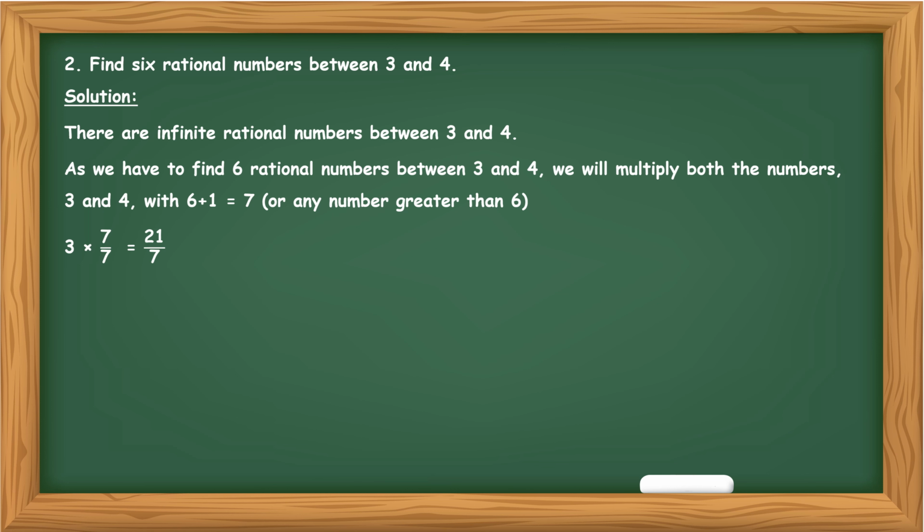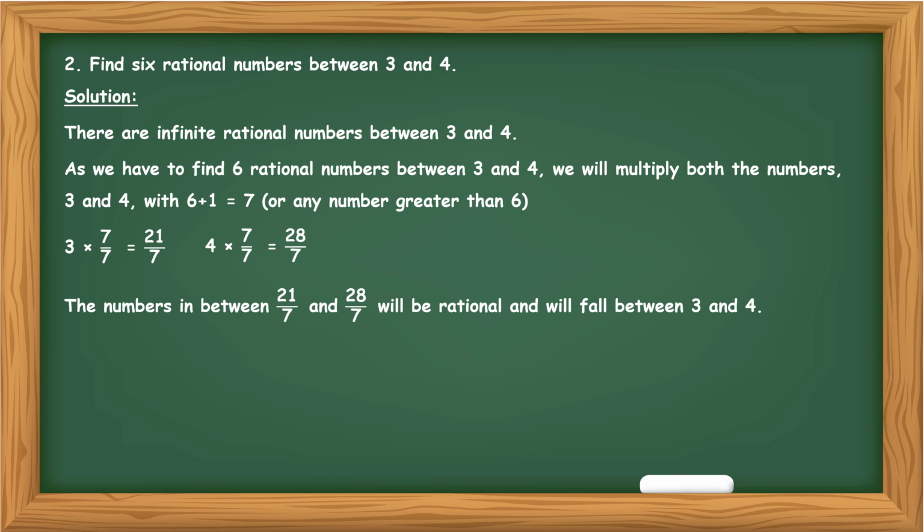So 3 into 7 by 7 will give you 21 by 7, and 4 into 7 by 7 will give you 28 by 7. This is the equivalent fraction concept, because you are multiplying both the numerator and denominator by the same number. So 21 by 7 and 28 by 7 are nothing but 3 and 4 respectively.